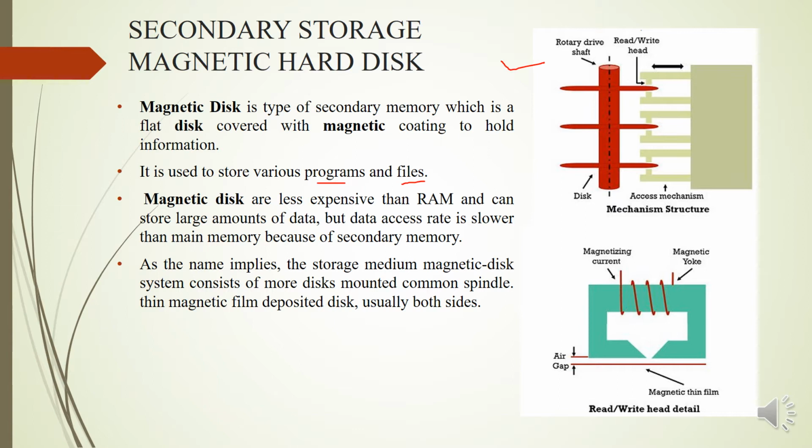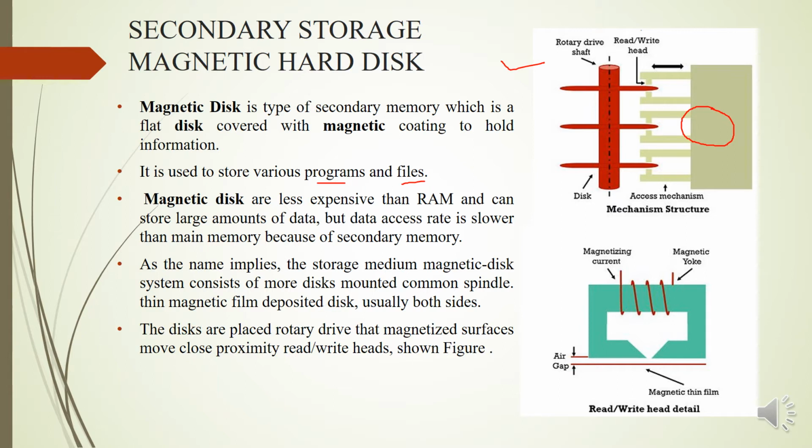And this is an access mechanism which consists of a read or write head in order to read or write the data from the disk. The disks are placed on a rotary drive so that magnetized surfaces move in close proximity to the read or write head, as shown in the figure.